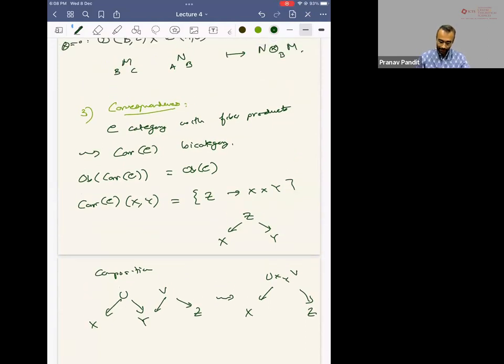So I said the category of maps between X and Y. I just wrote this diagram here, but more precisely, I should say it's the over category.